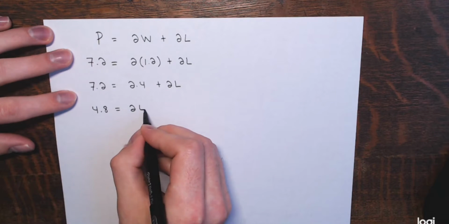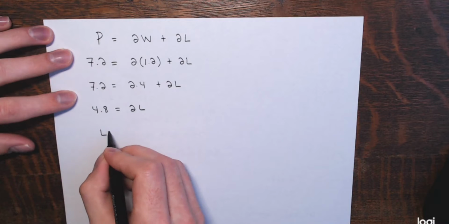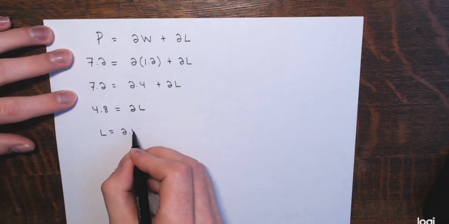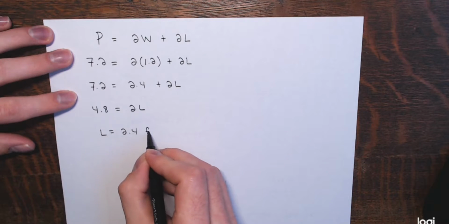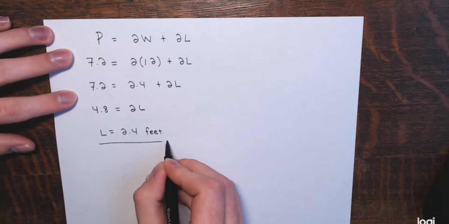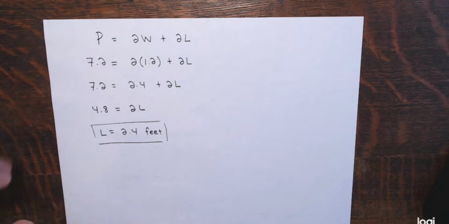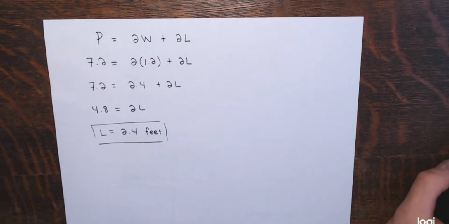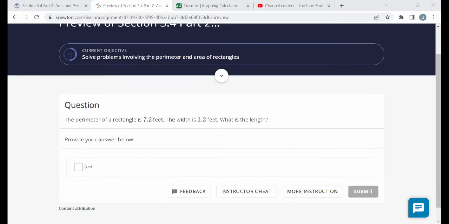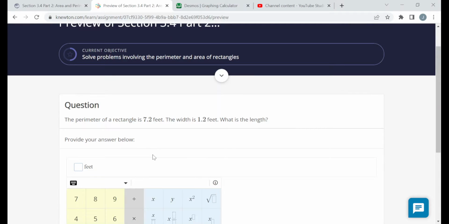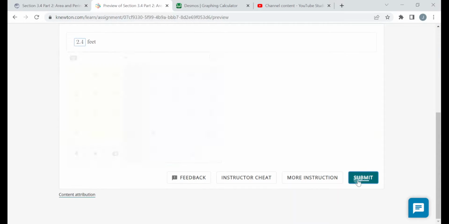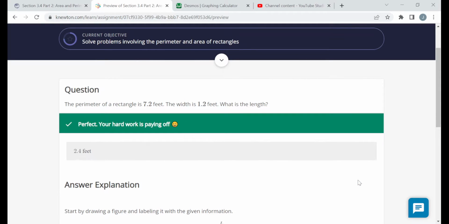And then divide both sides by 2. L equals 2.4. And that was in feet. So the length of this rectangle would be 2.4 feet. They have the word feet there already, so I'm just putting the number. Wonderful.